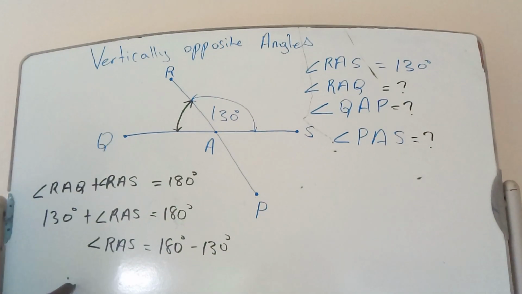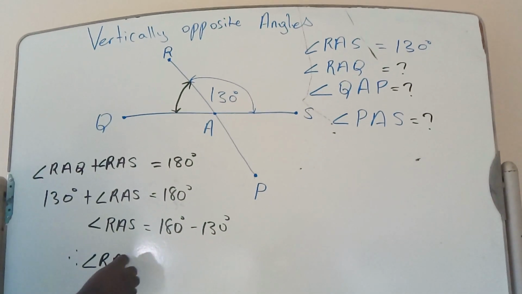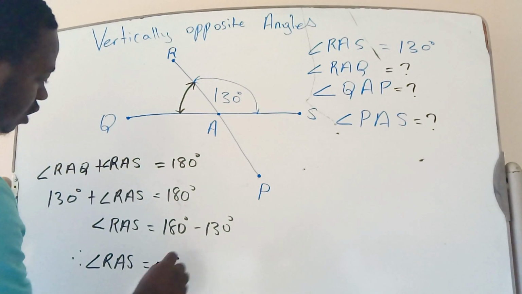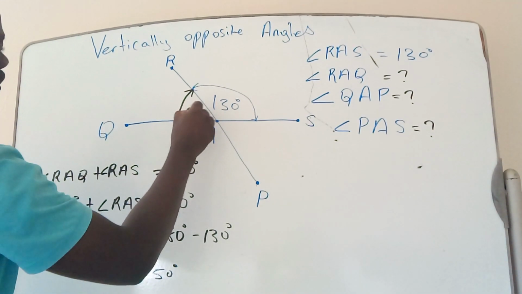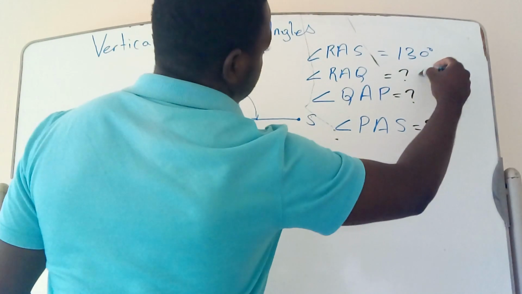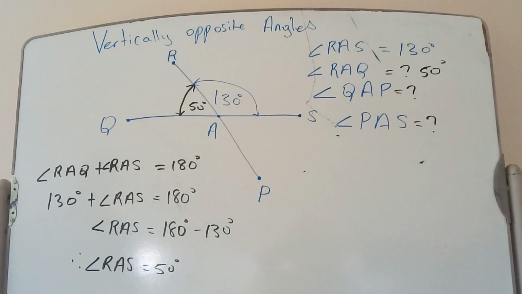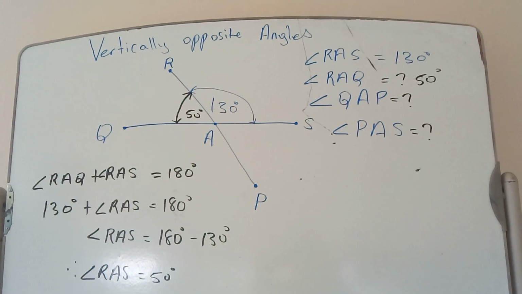Therefore, angle RAS is equal to 50 degrees. So all of this angle here is 50 degrees. And that's how you would calculate it.